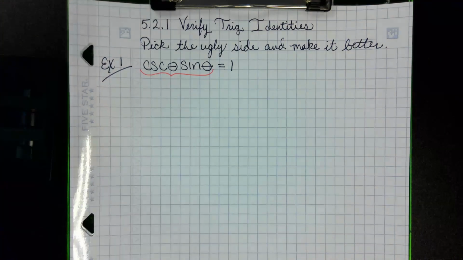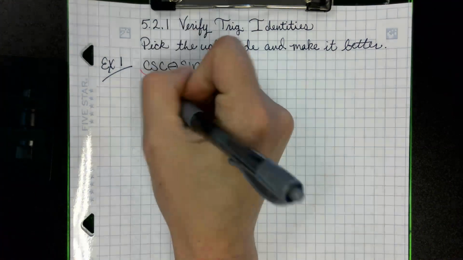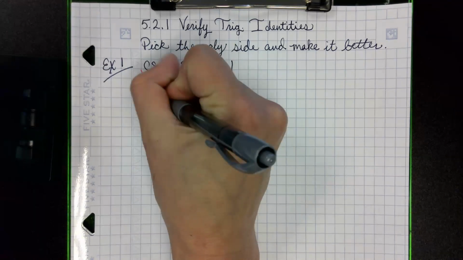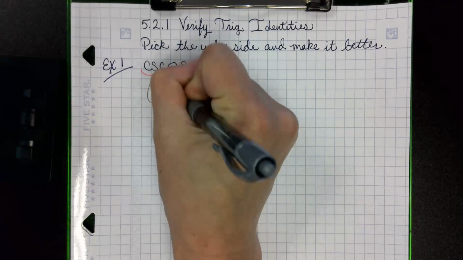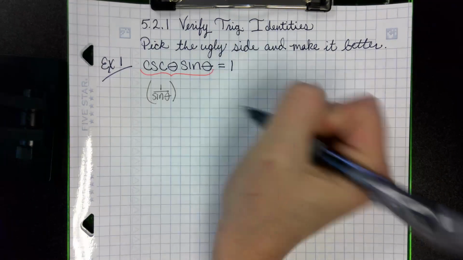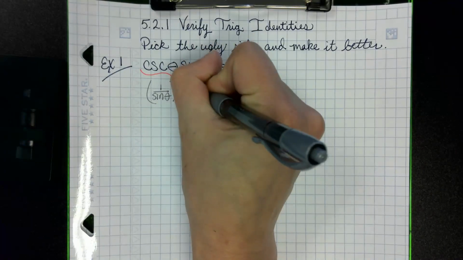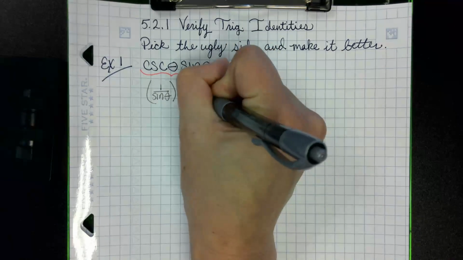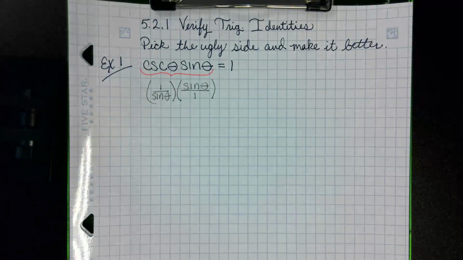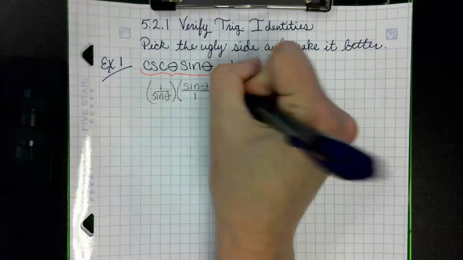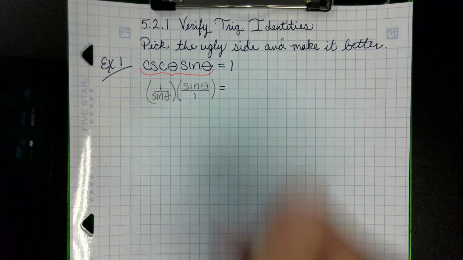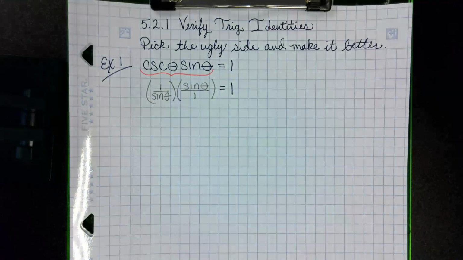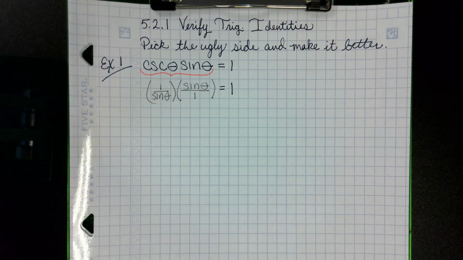If I'm turning cosecant into 1 over sine, then I need to turn sine into a fraction by calling it sine over 1. And it equals whatever's on the right-hand side, which on this problem is just 1. But normally I'm not going to write what it's equal to, so I'm not tempted to change it, because you cannot change it.